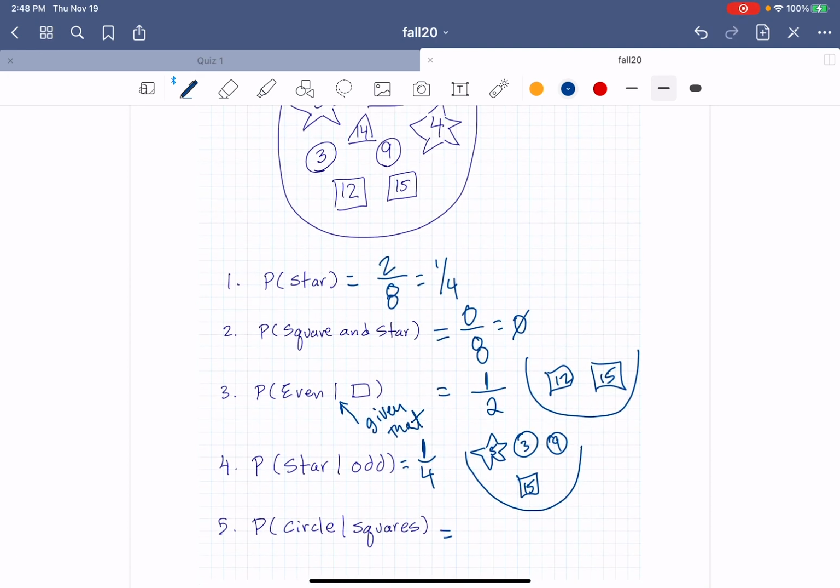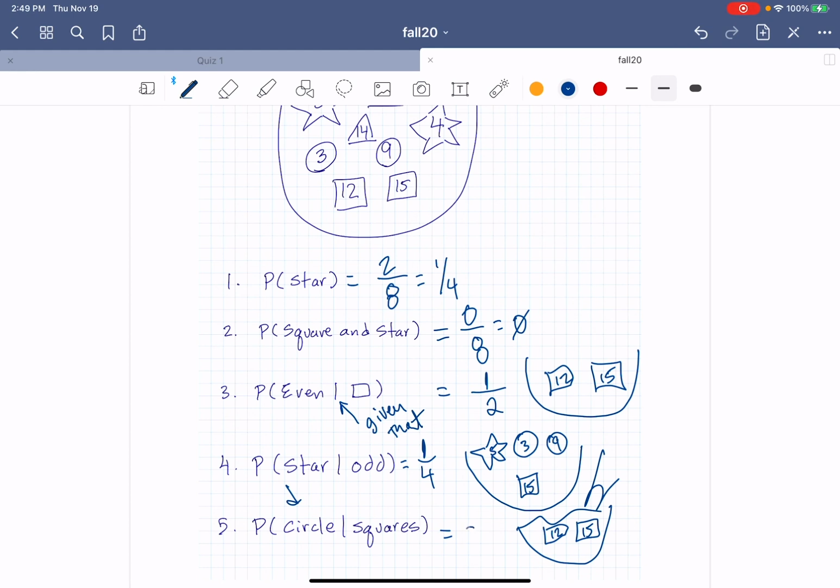And then the next one is choosing a circle. What's the probability of choosing a circle given that they're all squares? So you have a new bag with all squares, and you're going to choose a circle. How likely is it that you're going to choose a circle inside of a bag that only has squares?